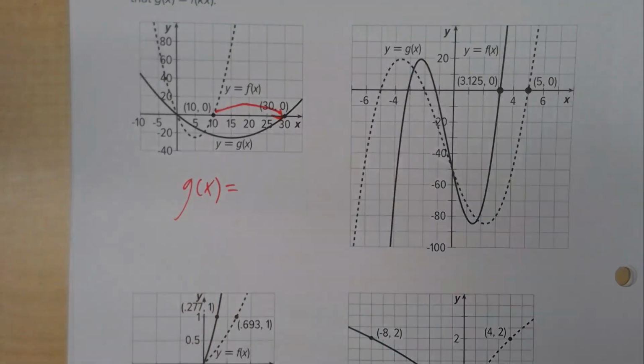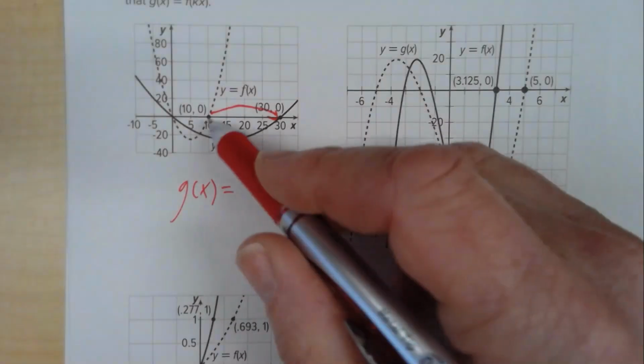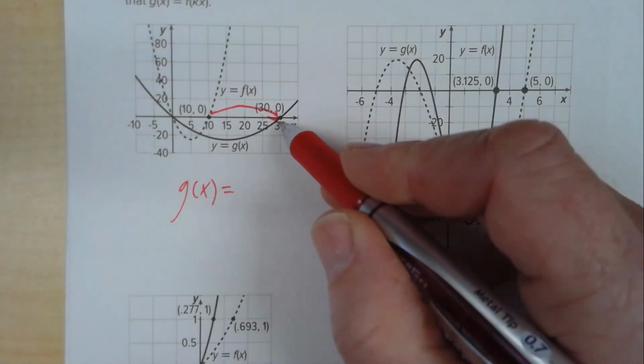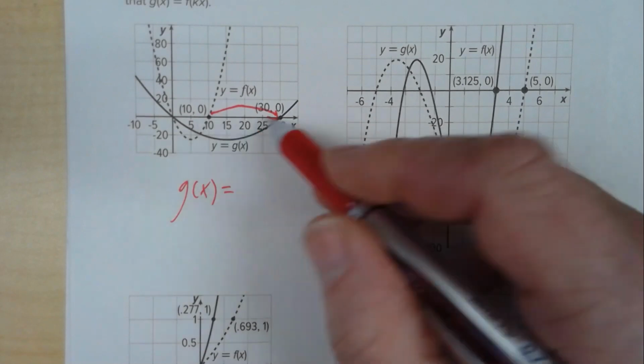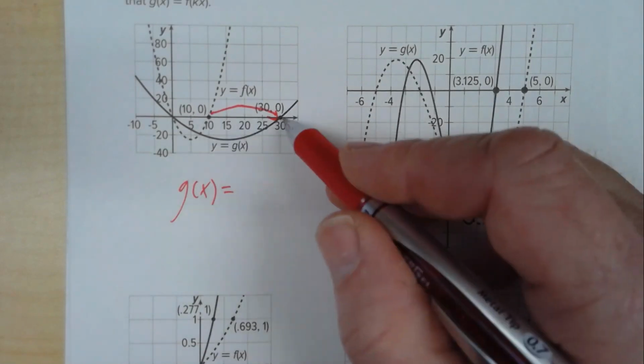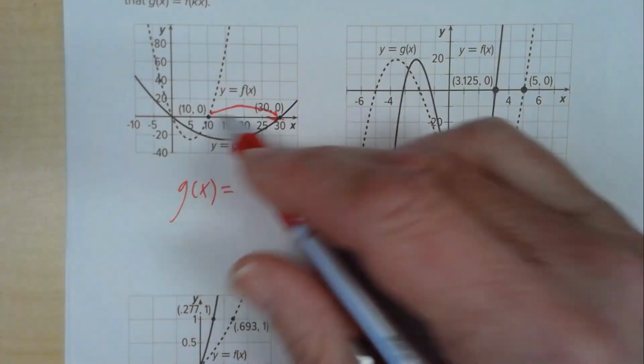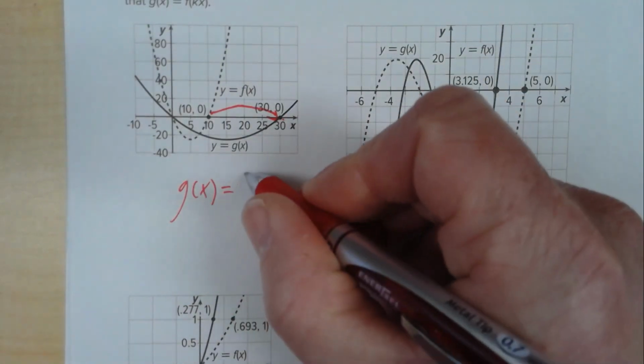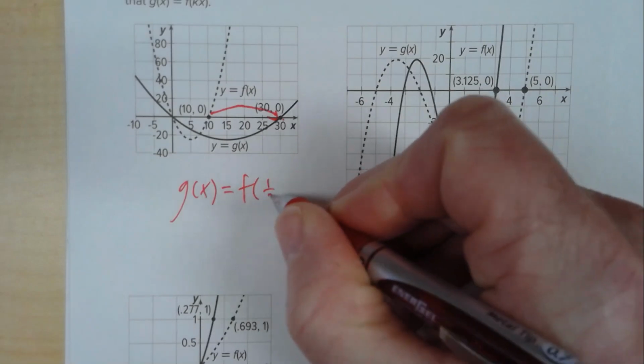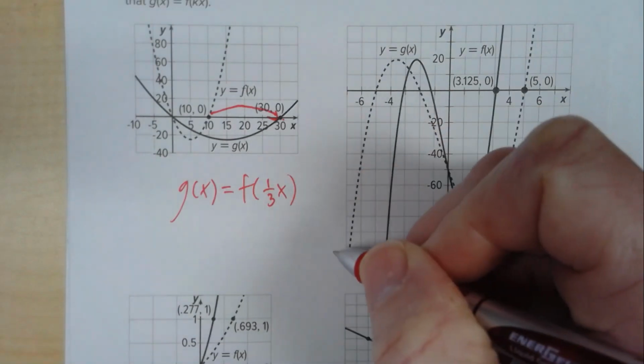Hang on a second. I think I just said this backwards. From here to here, it's 3 times as slow. So it got stretched out. So when it gets stretched out like this, you got to use a fraction. So by 3 times as much, that means that it needs to be 1/3 x, right?